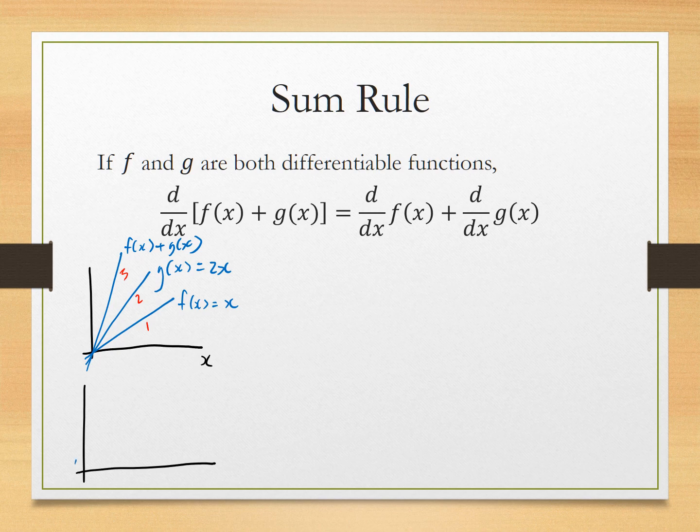So you could have a very weird shape function, and you sum them up. It's kind of hard to draw it accurately.